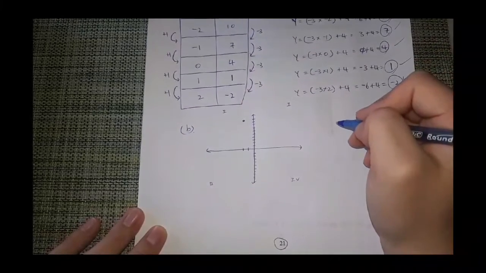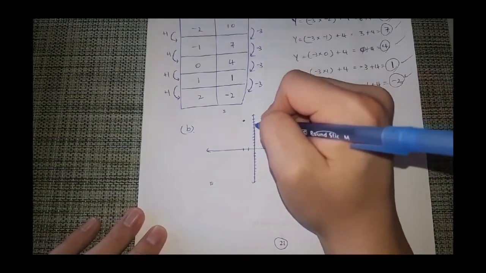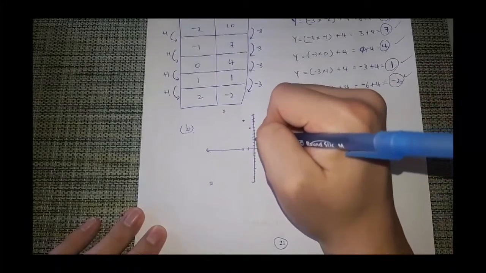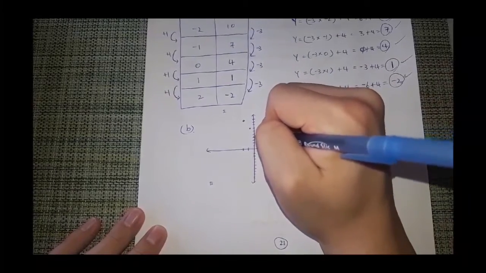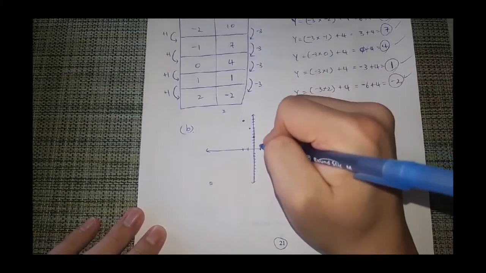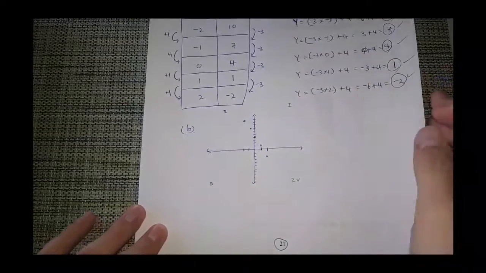Negative 2 and 10, the first one goes there. Negative 1 and 7, over here. 0 and 4. Then the next one, 1 and 1. Next one, 2 and negative 2.